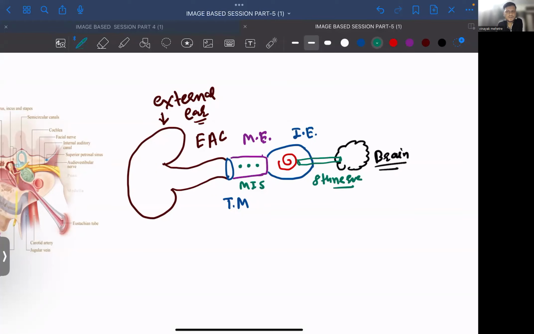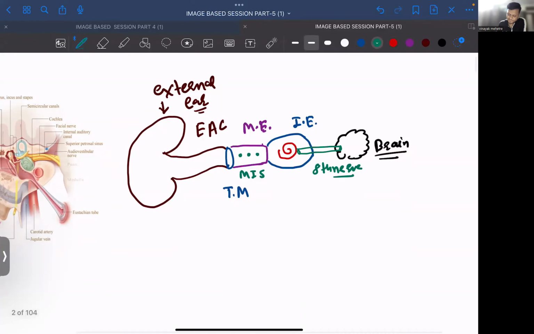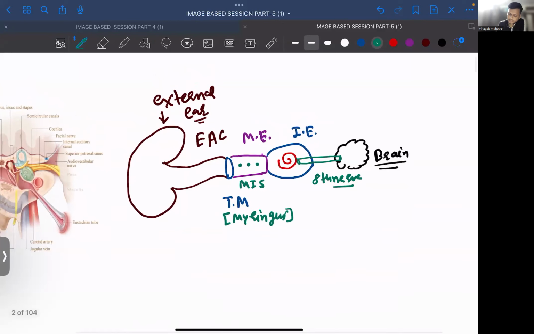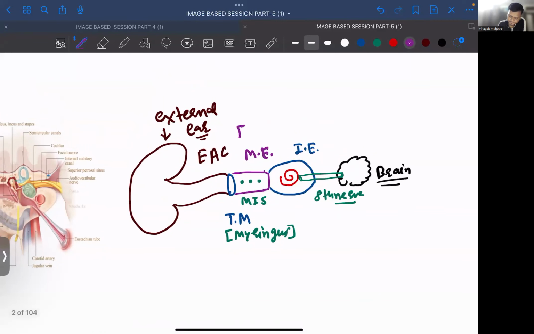Now, tell me another name of the tympanic membrane. It is also called myringa. And the middle ear is also called tympanum.